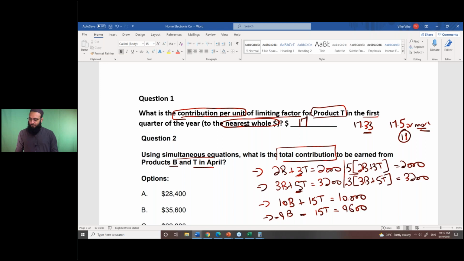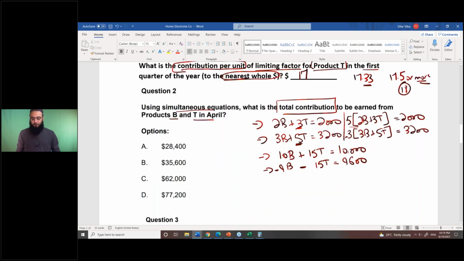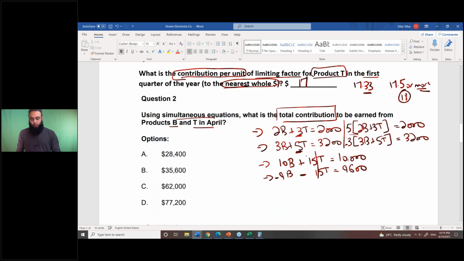Okay, done. So ready to eliminate 15t with negative 15t. Perfect. Ready to solve this as well. So 1b equals, everything will be negative in equation 2, 1b equals 400. Perfect. 1b equals 400.